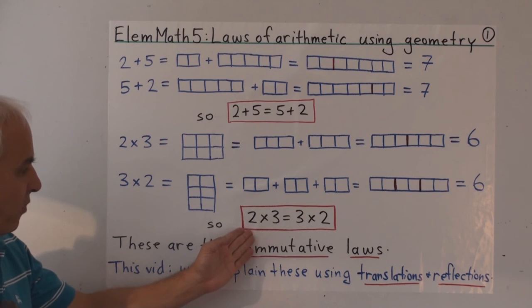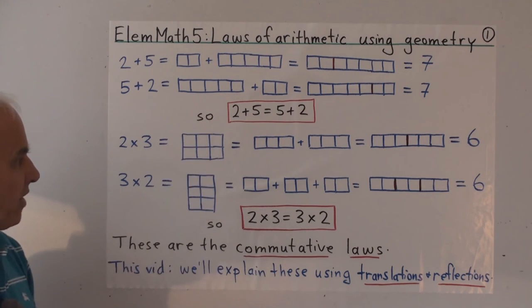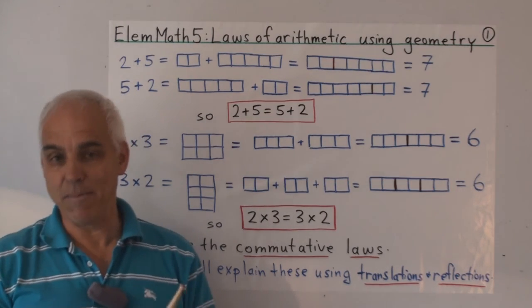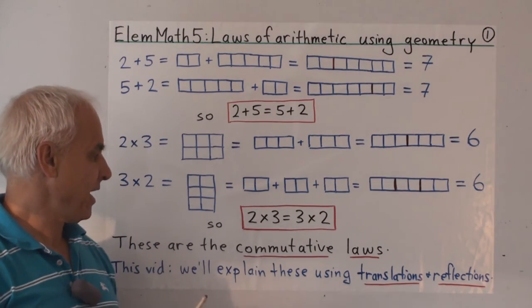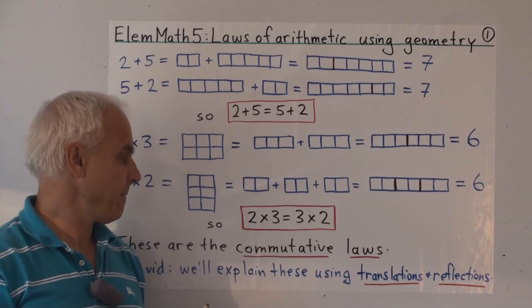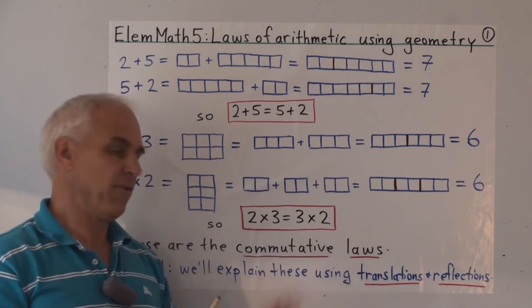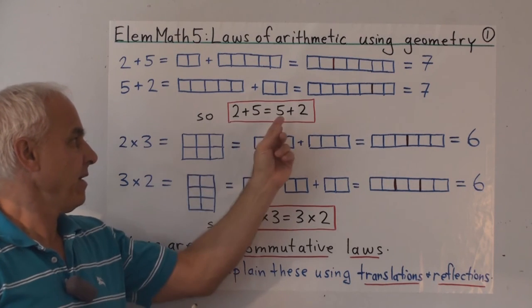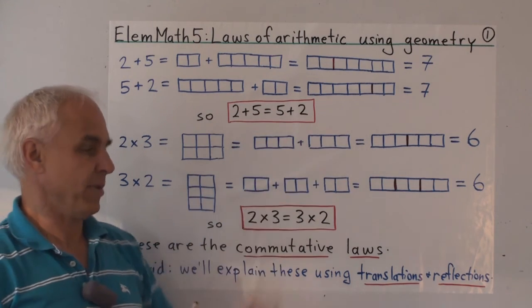That's the commutative law for multiplication, that's the commutative law for addition, and it doesn't matter what the actual particular numbers are that we're using. If we had used 4 times 5, we would have gotten 5 times 4. If we had added 3 plus 8, it would be the same as 8 plus 3.